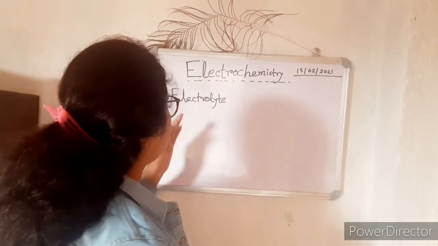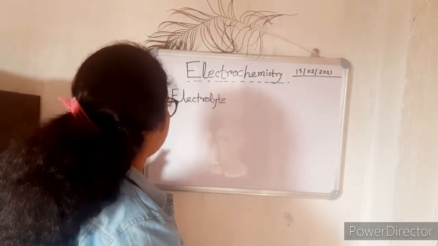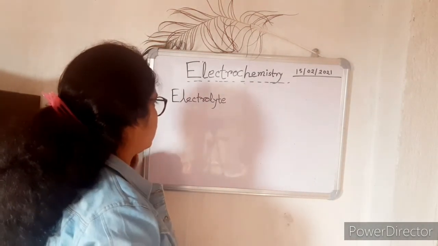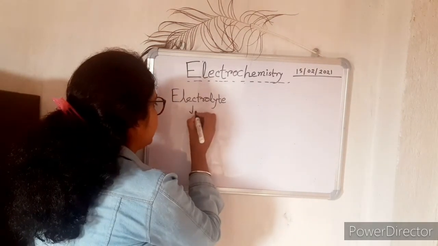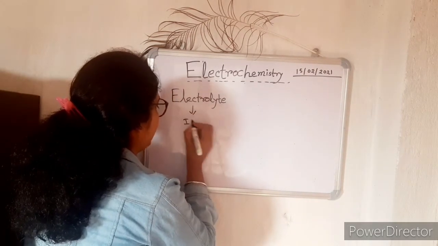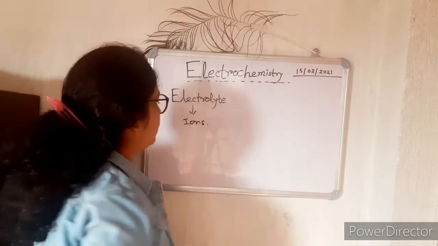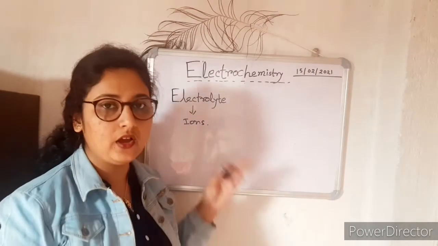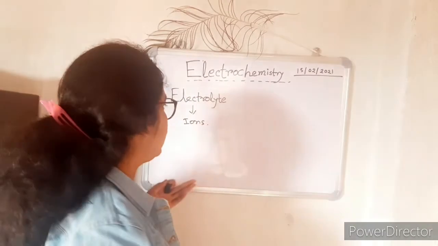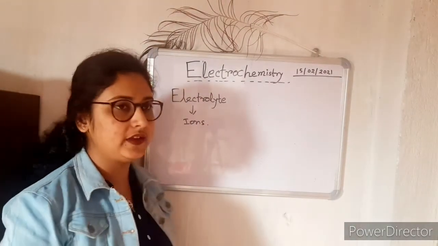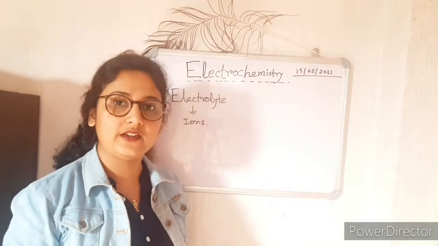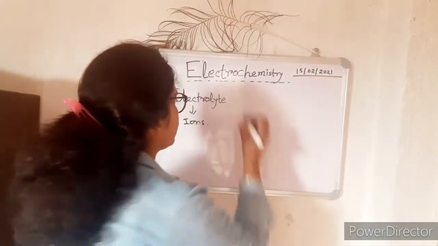Now electrolyte is an entity which in the solution state can dissociate into some ions. Electrolyte is a material in the solution phase which can generate ions, like the salts.